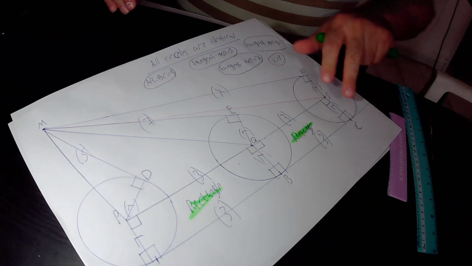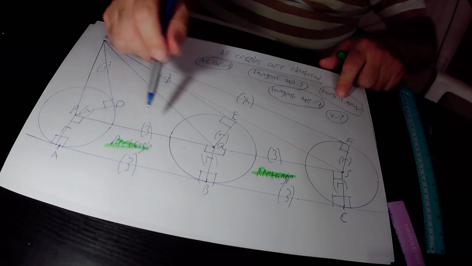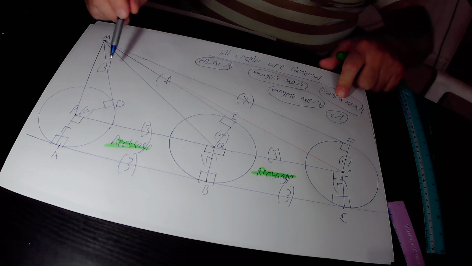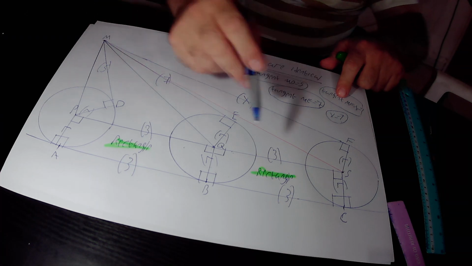In the next step, I'll copy the big triangle MPS into a new page, and we now have this big triangle MPS.